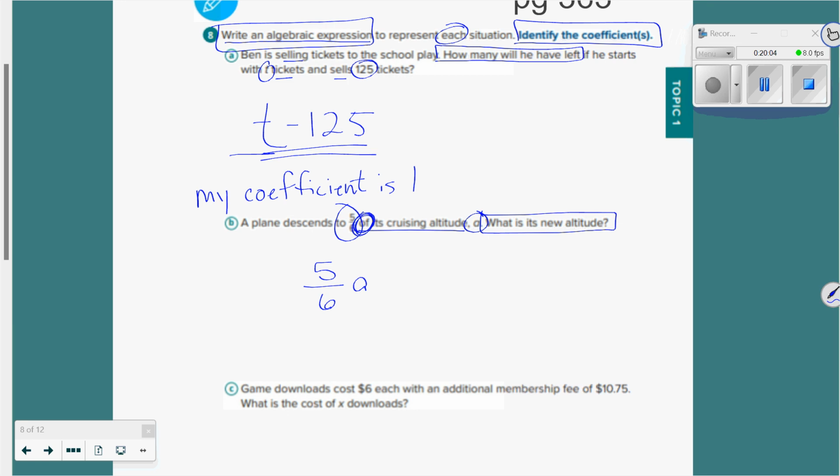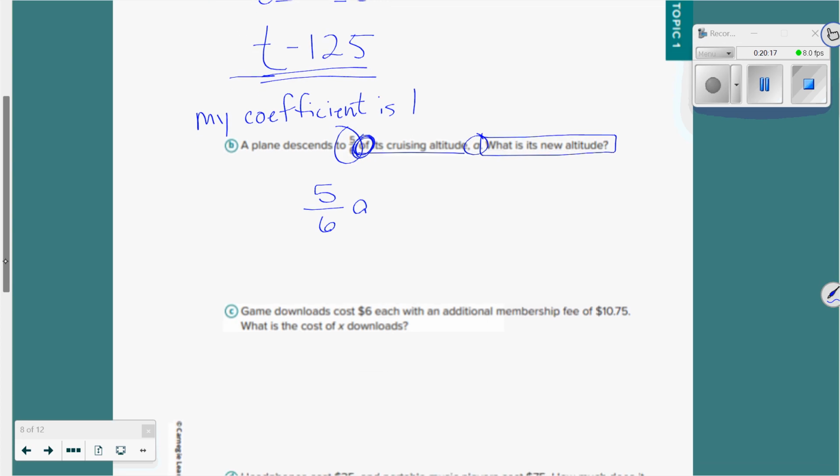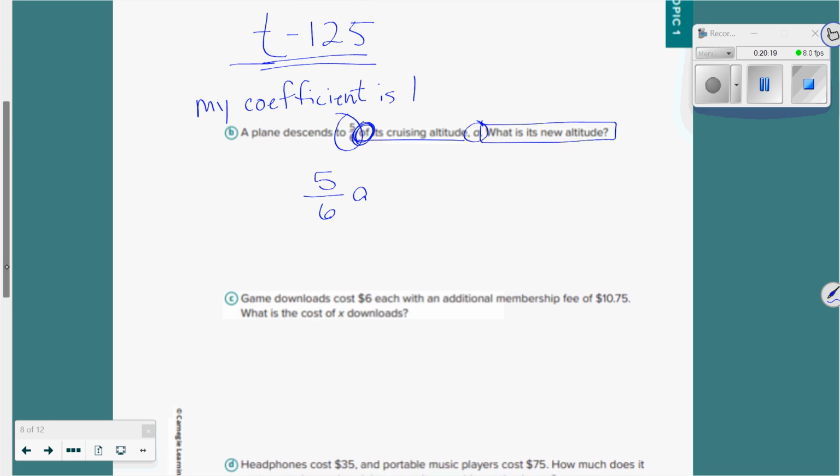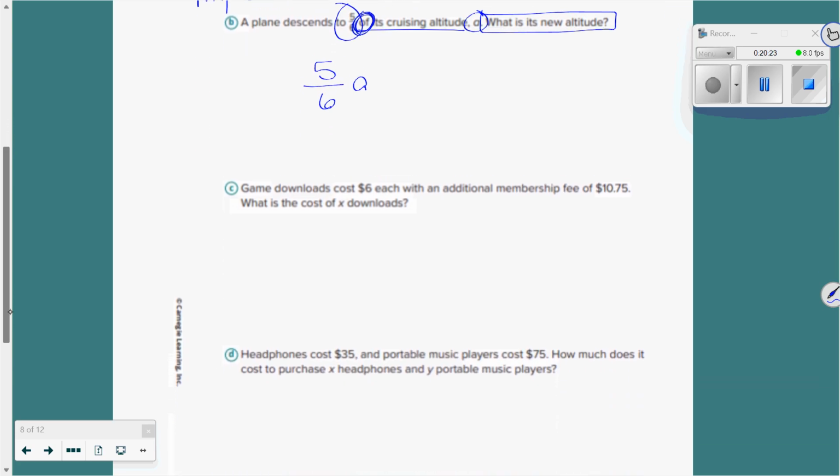Because the coefficient by a variable automatically means to multiply. If you don't see any operation, it means multiply. I highlighted that on the last page.